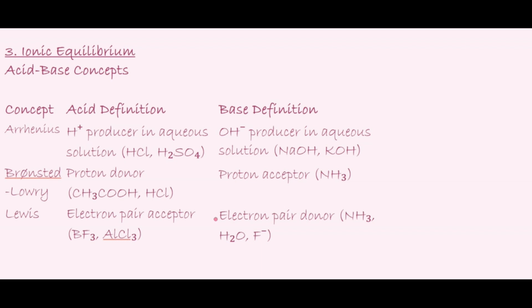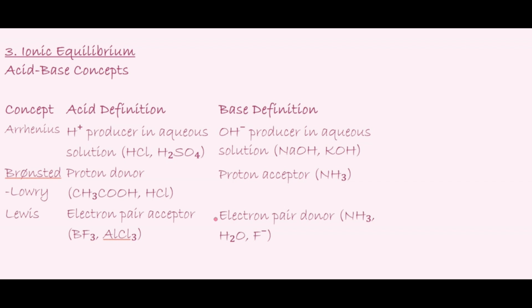Talking about ions, I should have told you before, we must know what strong acids and weak acids are, and what the scientists said about these things. There are 3 theories for acids and bases. The first theory talks about H plus producers in aqueous solution being acids. It was said by Arrhenius.